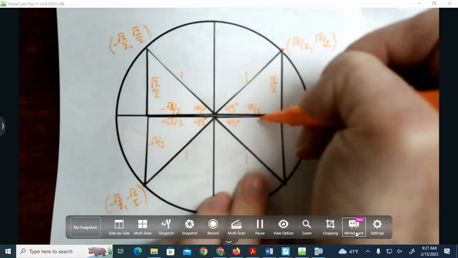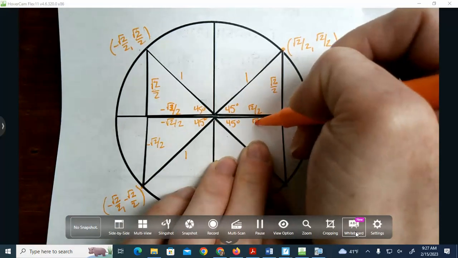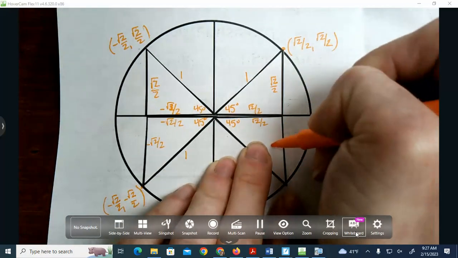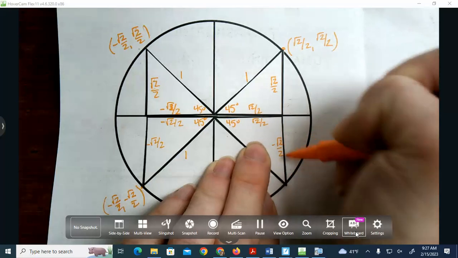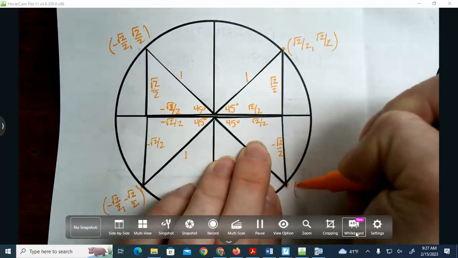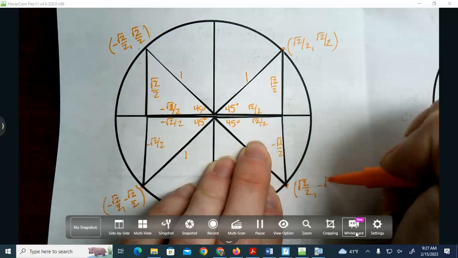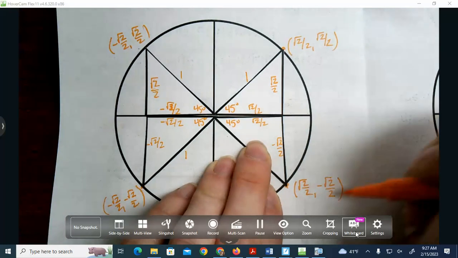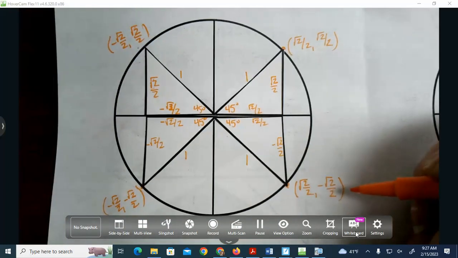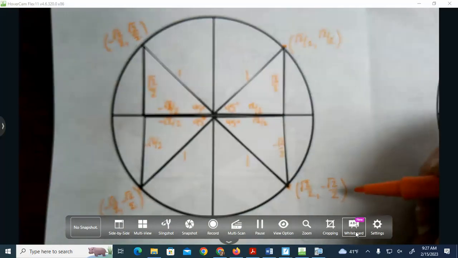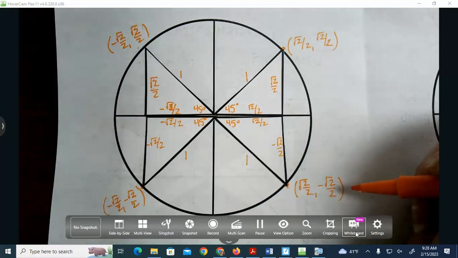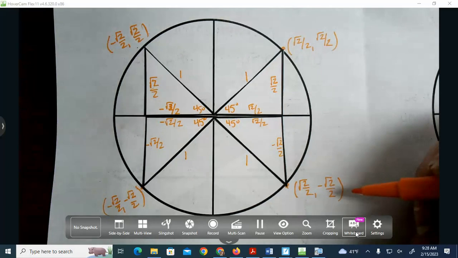On the fourth quadrant, we're moving to the right, so this side is positive, but then we go down, so this side is negative. So we get positive radical 2/2 and negative radical 2/2. You guys see where I'm getting all these numbers?